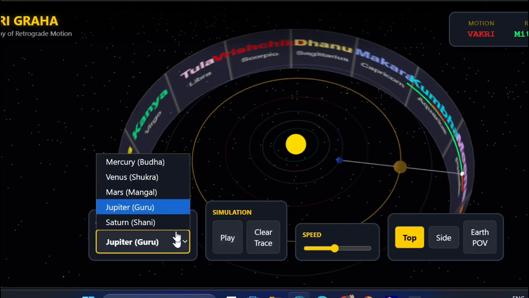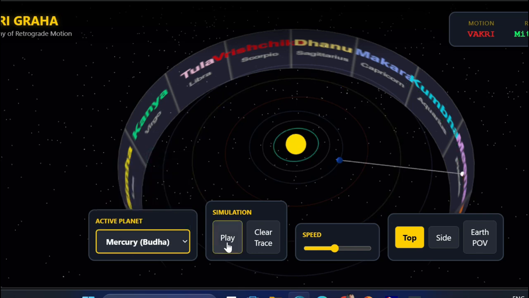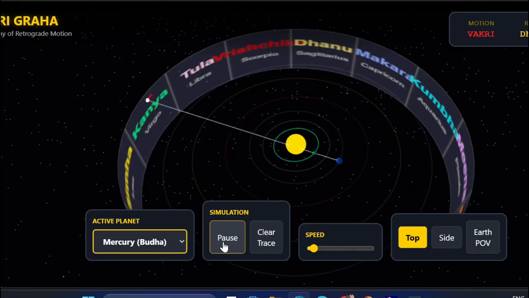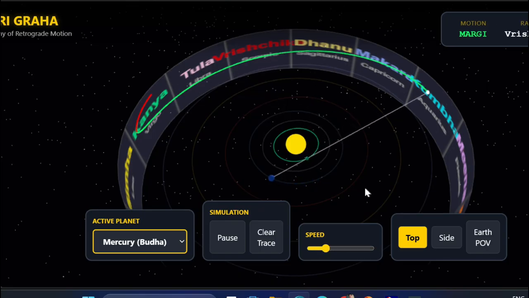Similarly, if you check Mercury, now Mercury is an inner planet, so it works differently. It has got retrograde. Now it will cross many signs. Let me increase the speed. See, it has crossed many signs.